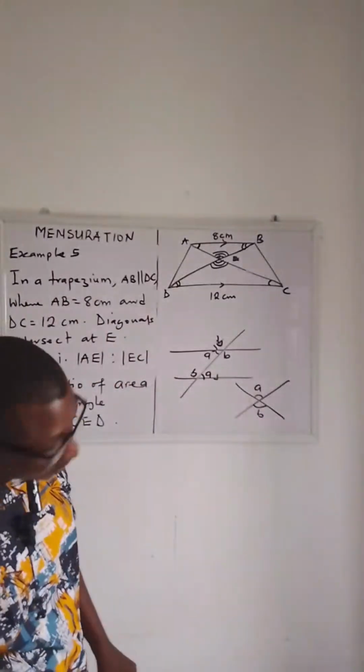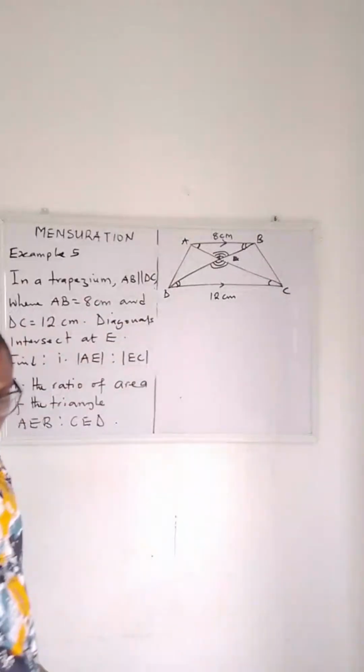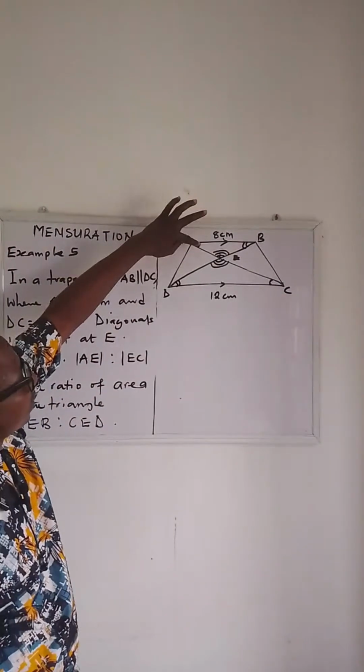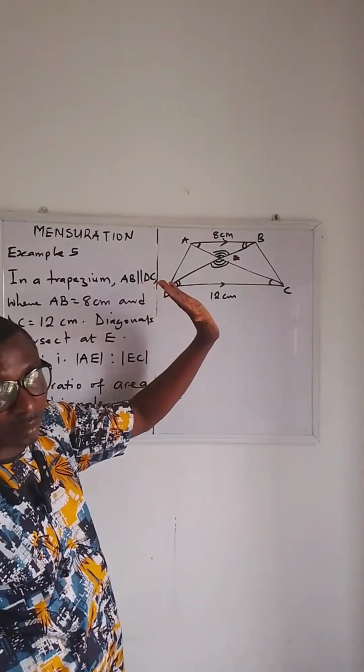All right, so that means we have similar triangles. We have similar triangles. Now look at this triangle. Let's look at the similar triangles that we have here.